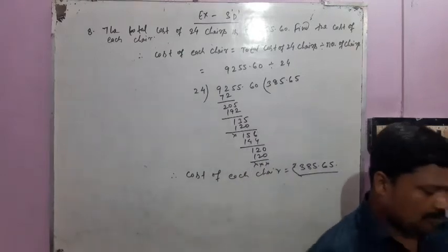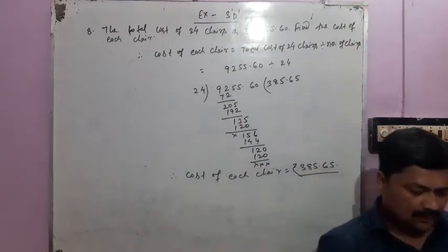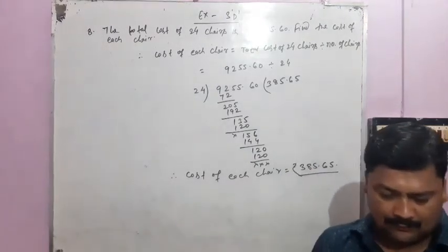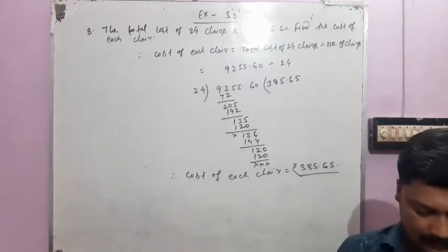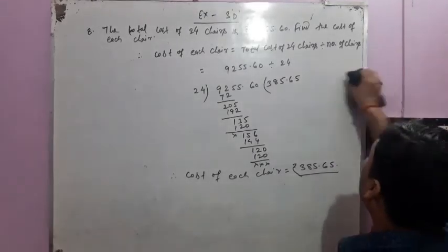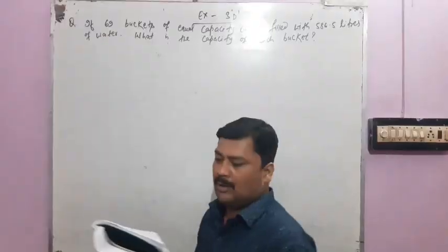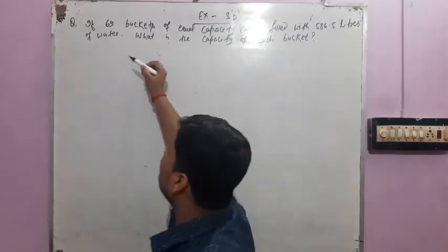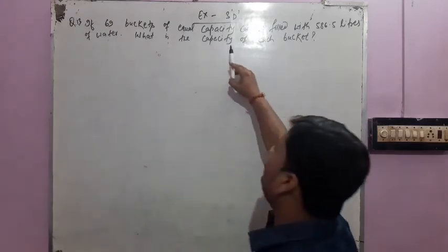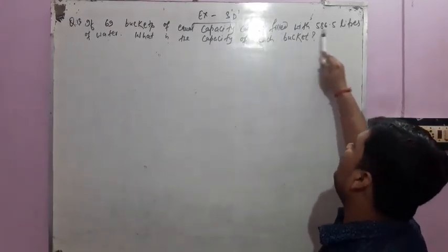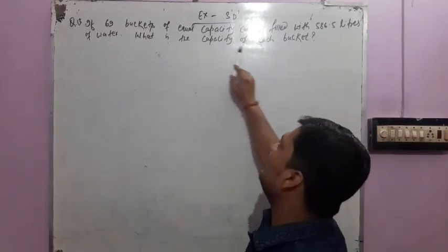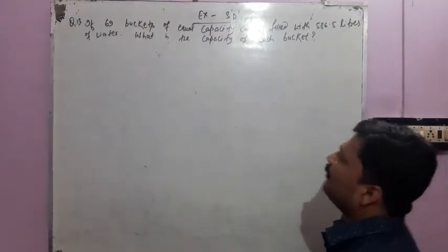Okay students, now move on to the next question. Look at question number 13. Now students, in question number 13, if 69 buckets of equal capacity can be filled with 586.5 liters of water, what is the capacity of each bucket?